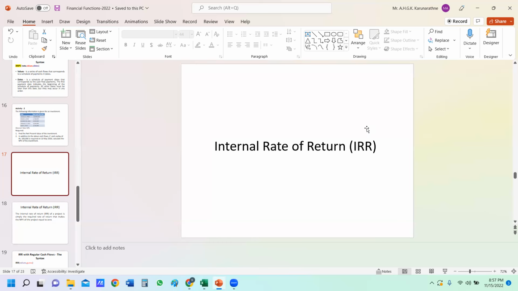Ideally, one NPV is positive and the other is negative. And you can use the formula: lower discount rate plus the difference between the discount rates, multiplied by the NPV at the lower discount rate, divided by the difference between the NPVs. I'm not going to talk about it because it is beyond my scope, since you already studied those concepts.